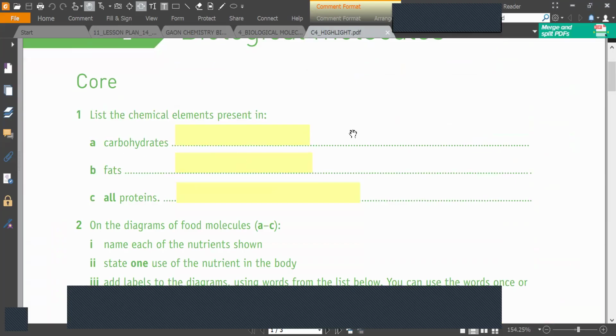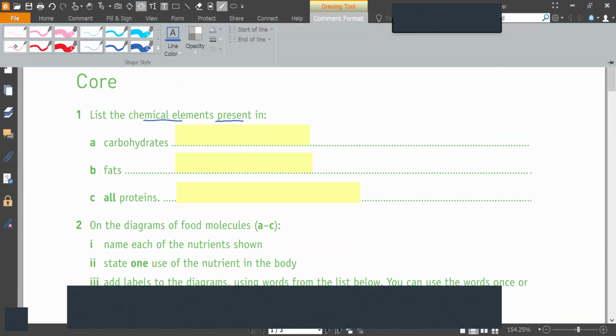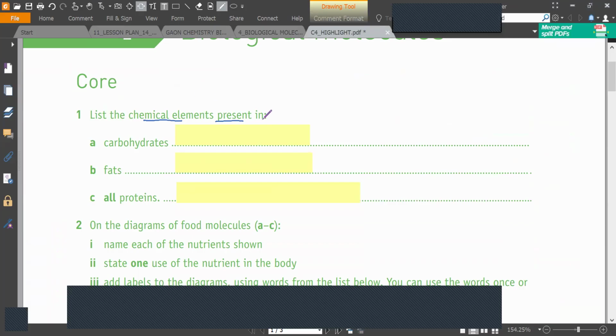You can try. List the chemical elements that are present in carbohydrates. You can tell me the answer. For carbohydrates, what elements are present? You can look at the notes if you want.